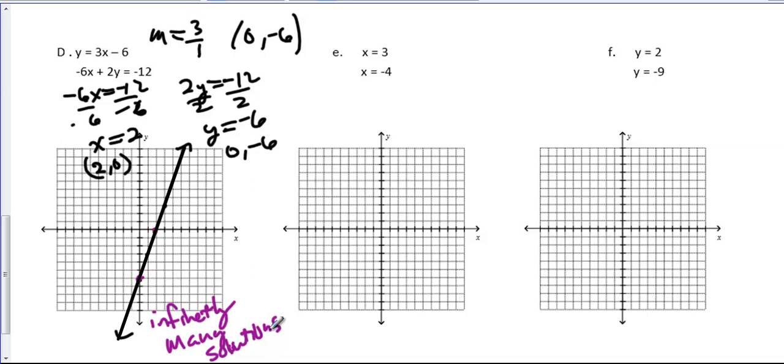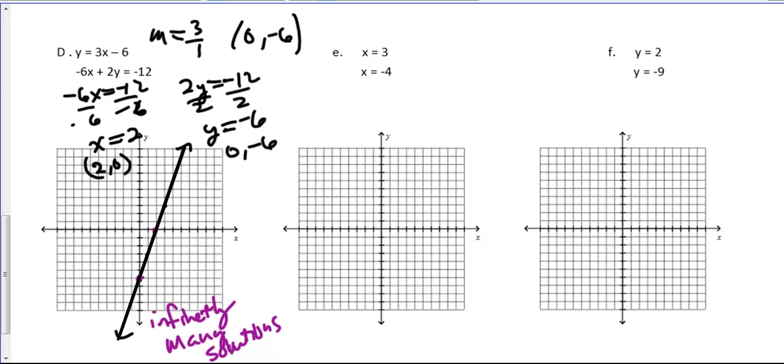Well, if a line is laying on top of a line, that means it's going to meet at every single point possible. It'd be impossible to name all the points. It would be like saying 2, 0, and then coming over here to 3, 3, and then whatever the next one is, and having to list all those points plus all the fractions and decimals in between. It'd be impossible to do, so we say there's infinitely many solutions.